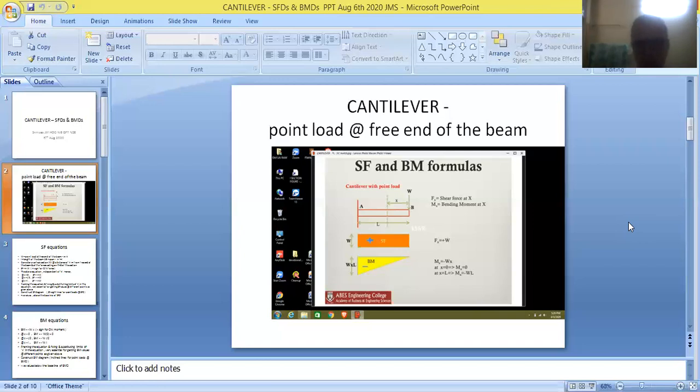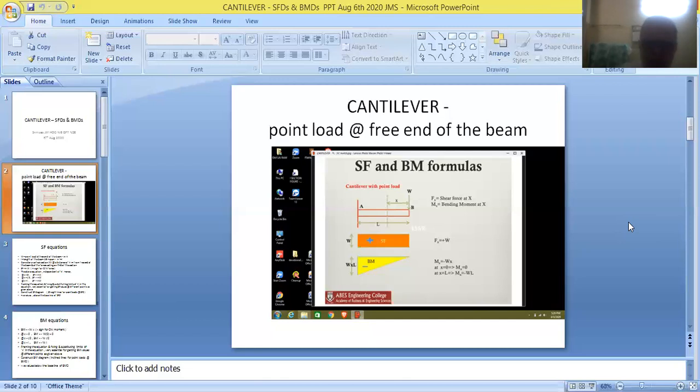While making calculations, we will be starting at the right end of the beam, proceeding in a reverse direction, and ultimately reaching the left end of the beam. This is the procedure to be followed for preparing the equations, ultimately for getting the results.